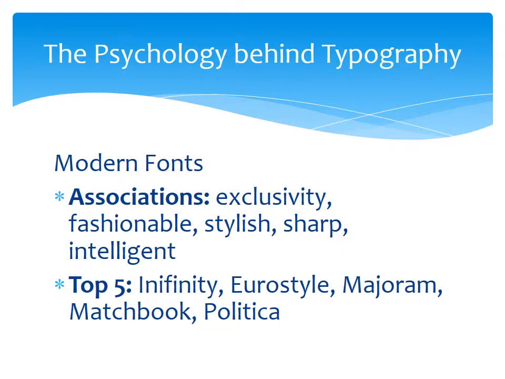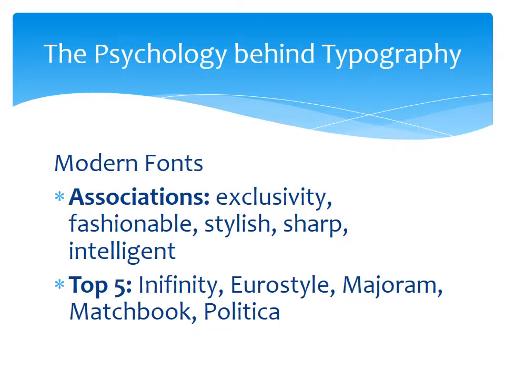Alright, so anything that is considered modern, like for instance the geometric that we talked about previously, there are other styles of modern as well, but they're associated with exclusivity. Maybe they're something that's fashionable, stylish, sharp, intelligent, things that could even be considered technological.